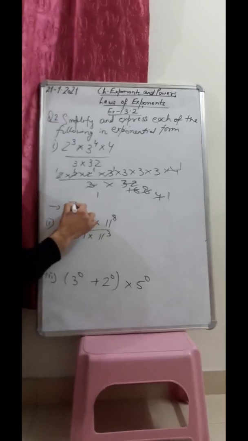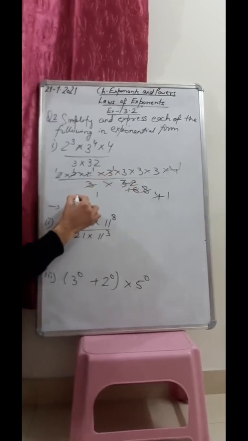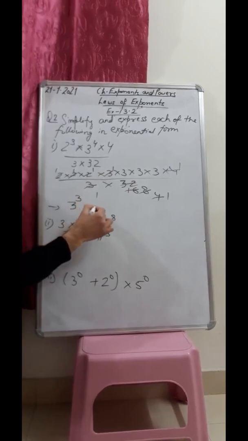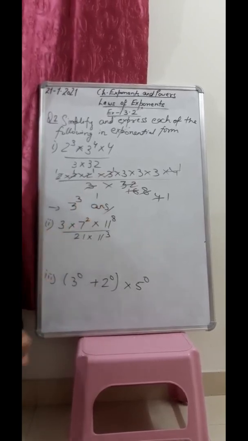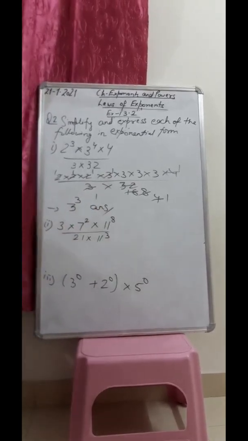That means the base will remain 3 only and the power will be 3, so 3 raised to power 3, and this is your answer in exponential form.